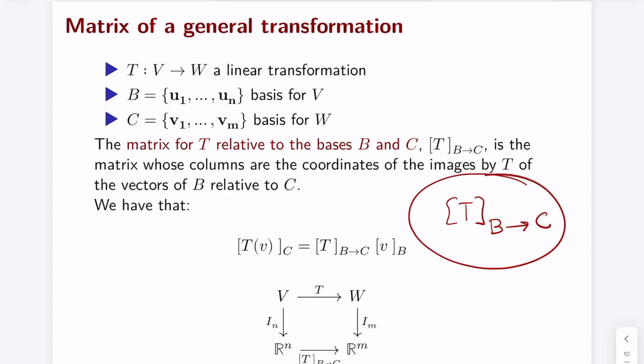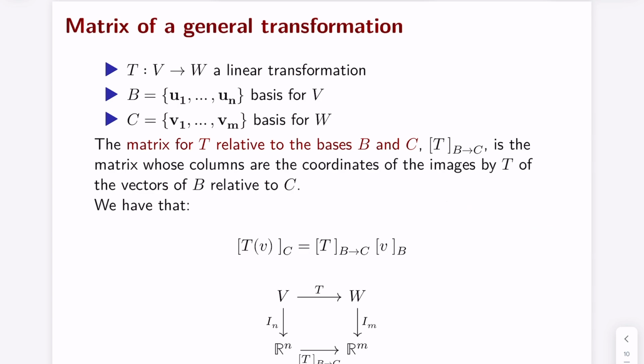And so this matrix is a matrix whose columns are going to be the coordinates of the images by T of the vectors in the base B relative to C. All of these words have a very particular meaning, so let's analyze them one by one.